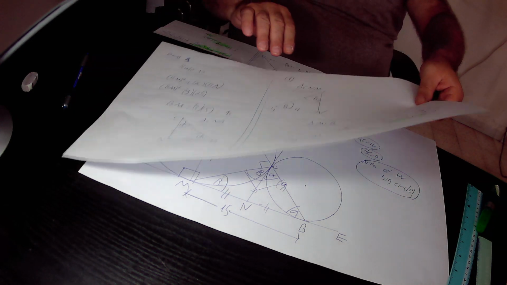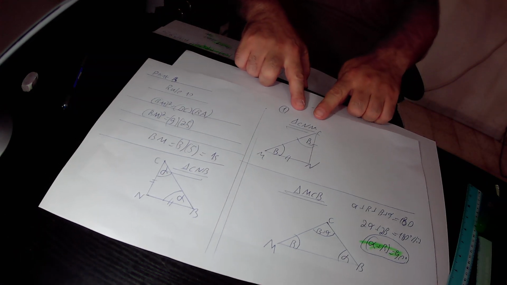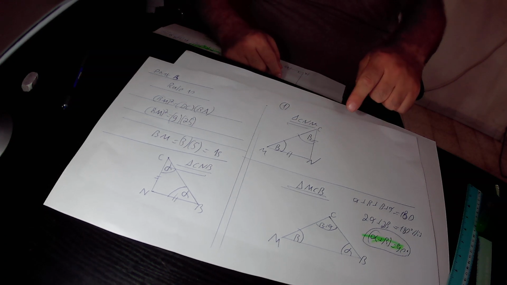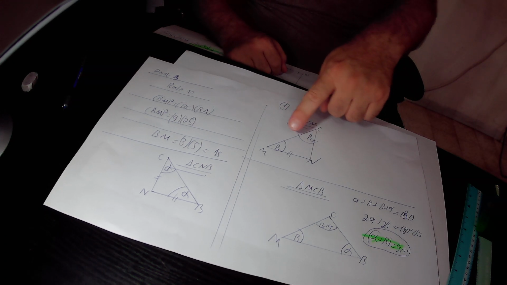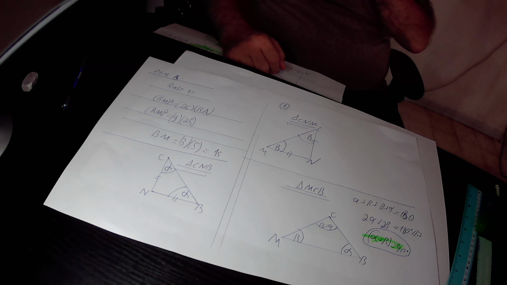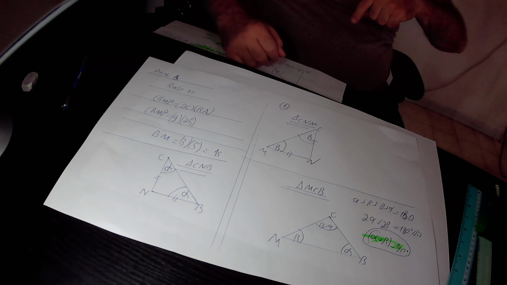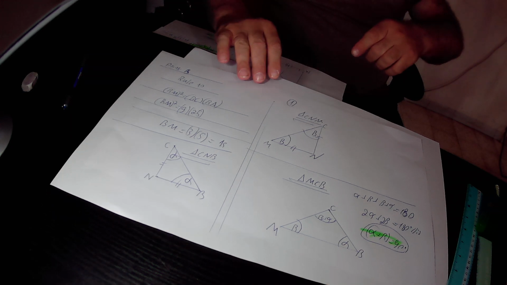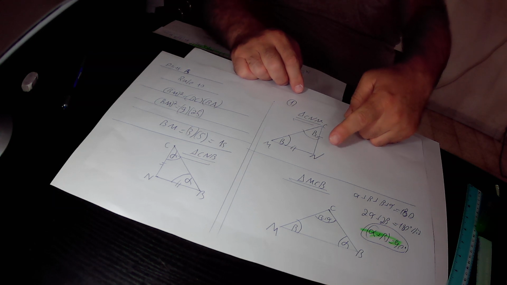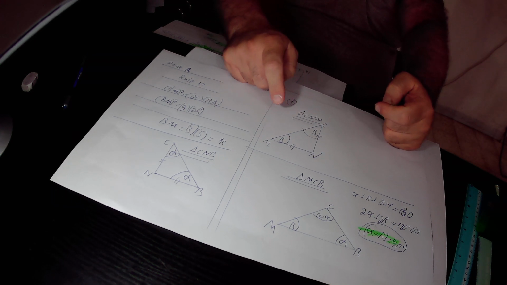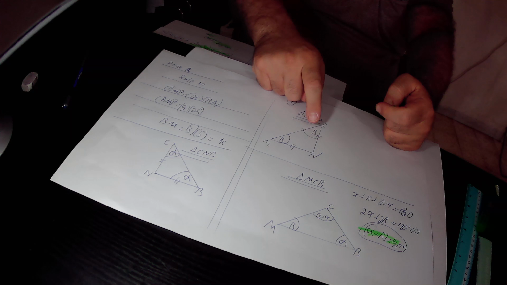This is triangle MCN that I copied from the original drawing. We already found out that CN equals NM according to rule 2. And according to the rule that in front of equal sides in a triangle there are equal angles, in front of this side CN we have this angle, and in front of this side NM we have this angle.